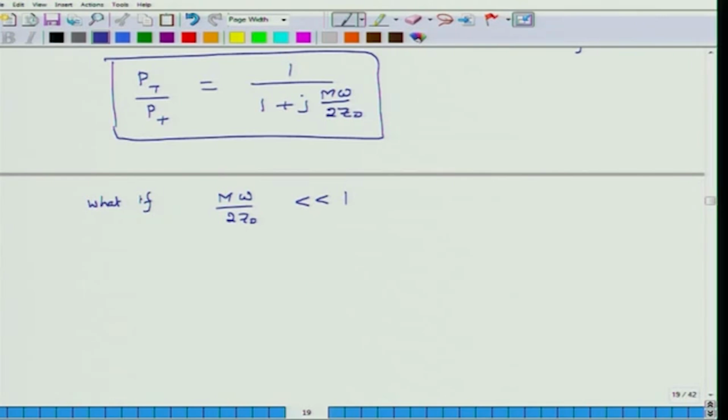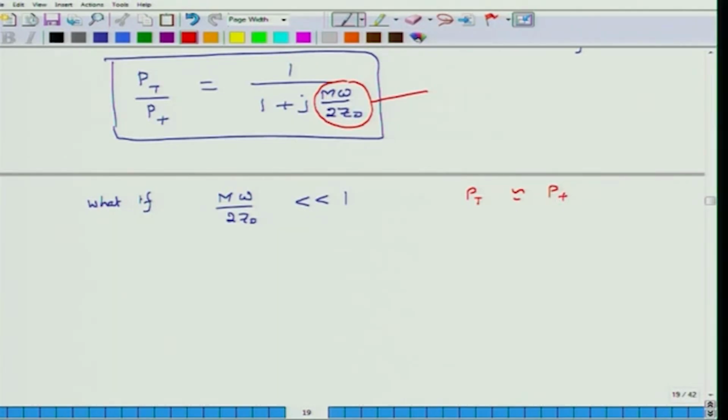What does that mean? That this term is extremely small compared to 1. Then in that case, Pt is approximately equal to P plus.